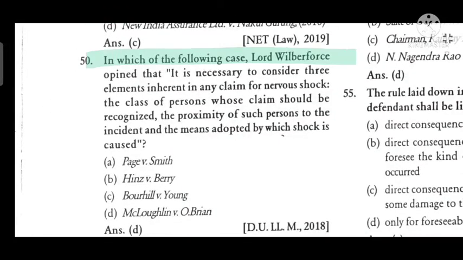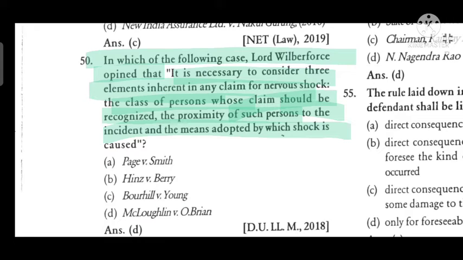In which one of the following cases did Lord Wilberforce opine that it is necessary to consider three elements inherent in the claim of nervous shock: the class of person whose claim should be recognized, the proximity of such person to the incident, and the means by which the shock is caused?